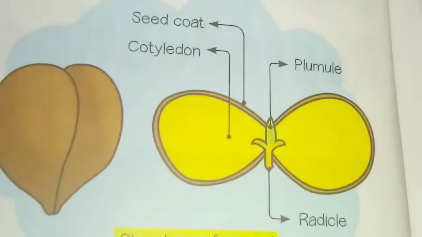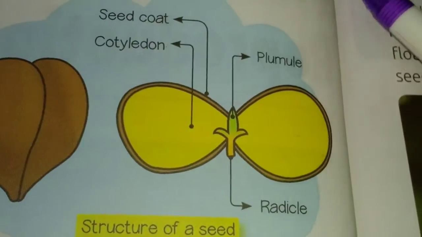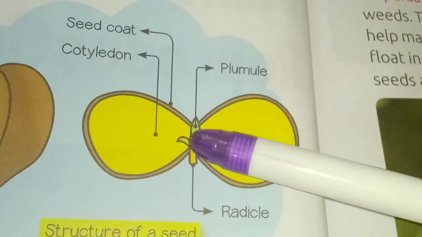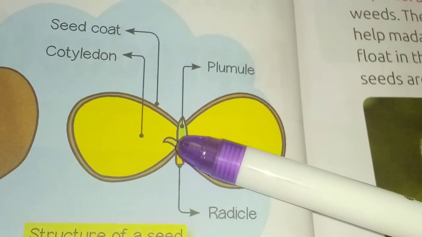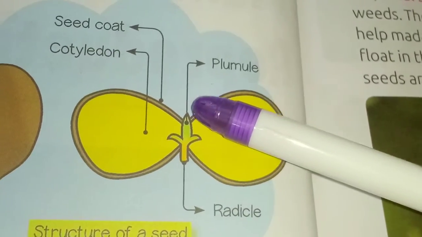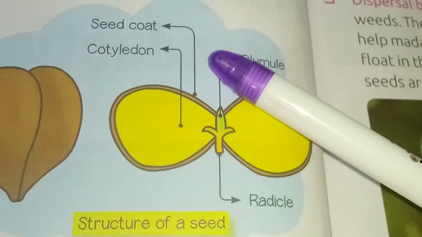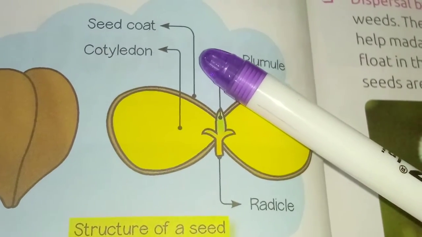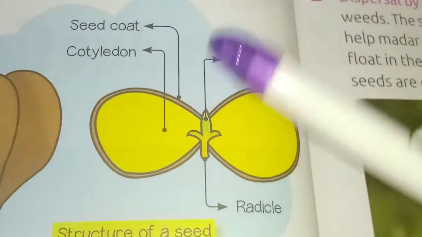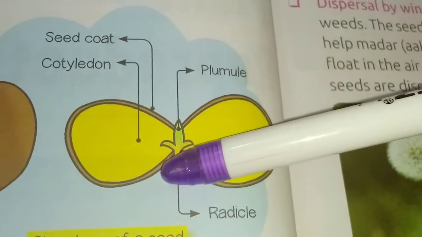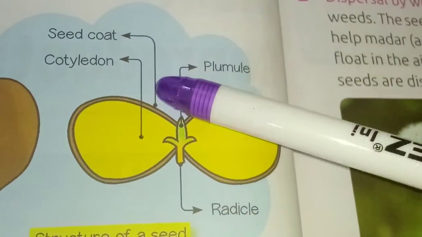Actually, the baby plant inside the cotyledon is called embryo. You can see here, this green part is the embryo, the baby plant. The embryo grows up to become a new plant. Embryo has a radicle and a plumule. The lower part is called radicle, and this is plumule.